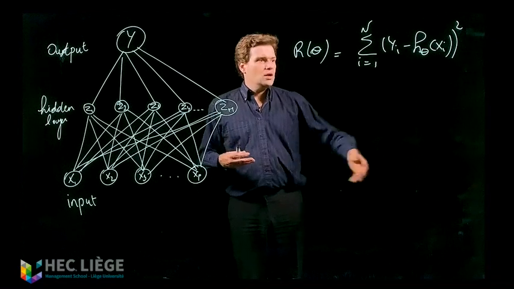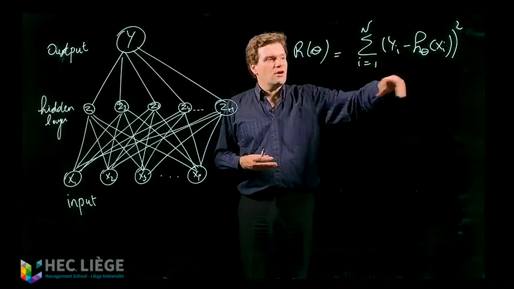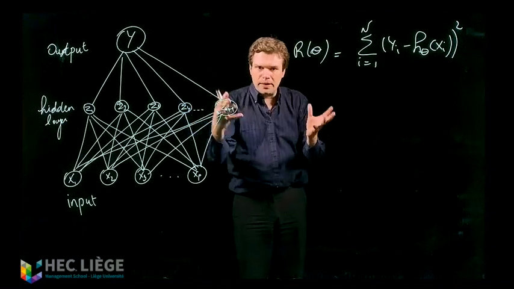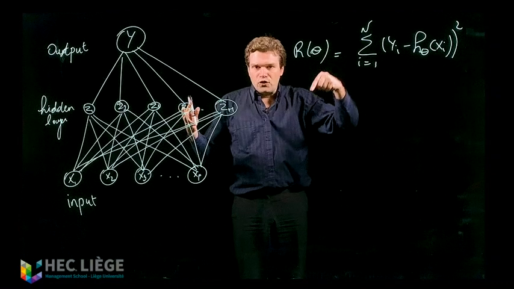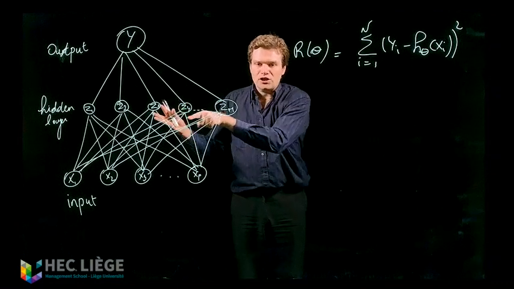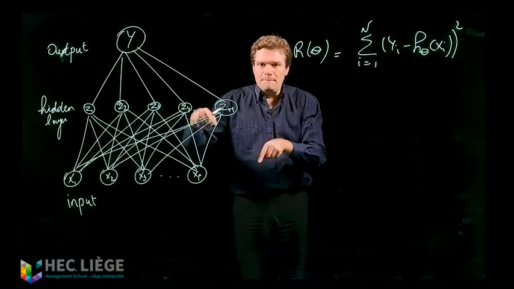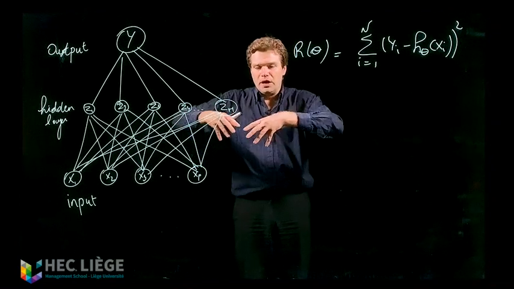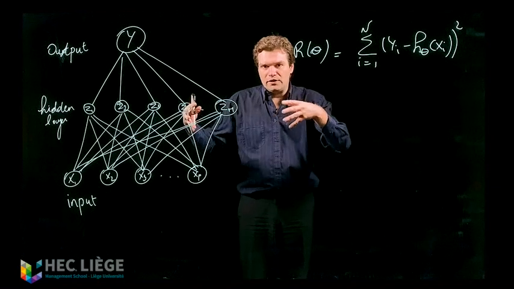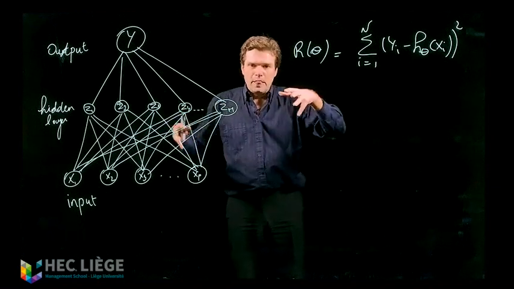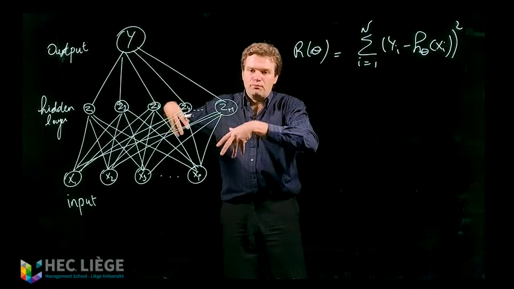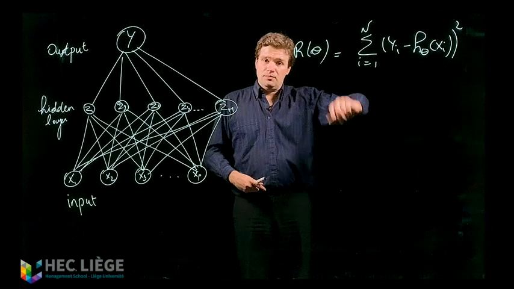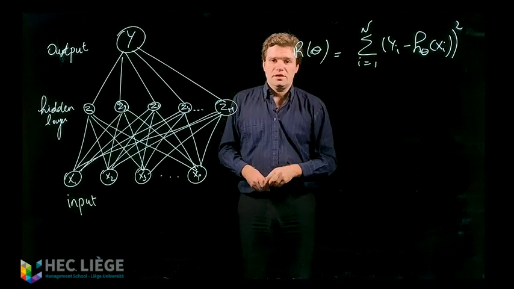This is a technique which sees this function as a function in the space, and we try to find the direction where a local minimum, that we hope to be the global minimum, is. We try to find the best direction such that we go progressively to the minimum of this function. And the minimum of this function defines the theta.